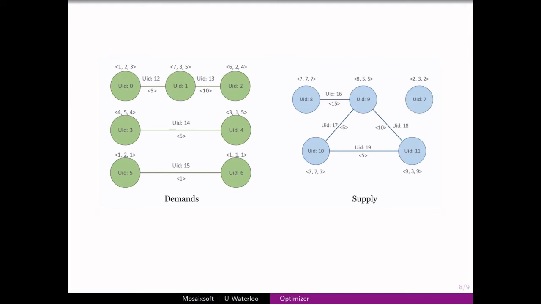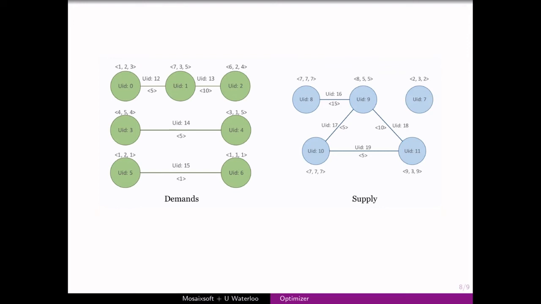Here is what we can call the graph optimization problem. We are given a set of demand graphs, and I show 3 examples to the far left of what I call demand graphs. We're given a supply graph, and our challenge is to ask whether we can place the demand graphs on the supply graph without exceeding any of the values in the vectors that we show.